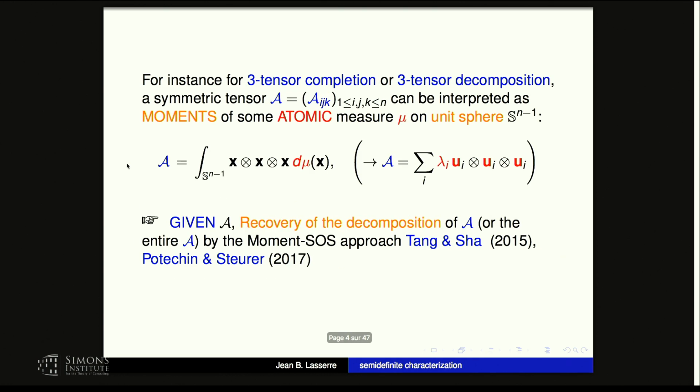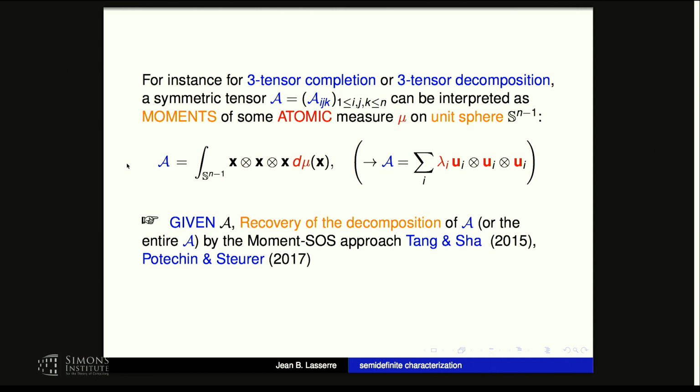In fact, this has been used in recent work on the recovery of a tensor. For example, there was a nice paper by Tang, Shah and Recht. If you would like to recover the decomposition of a 3-tensor, or, if it is symmetric, you can do the same thing for a cubic homogeneous polynomial.